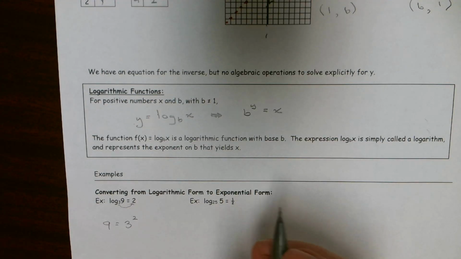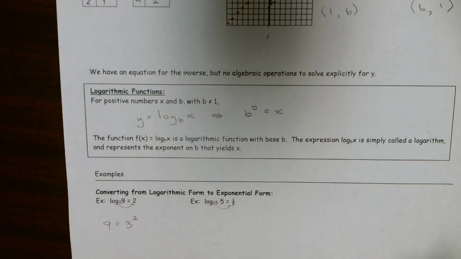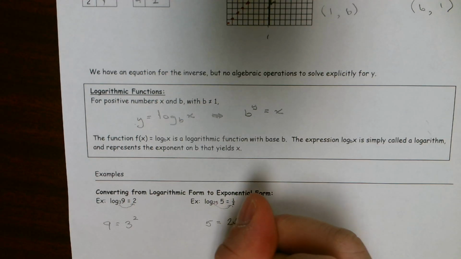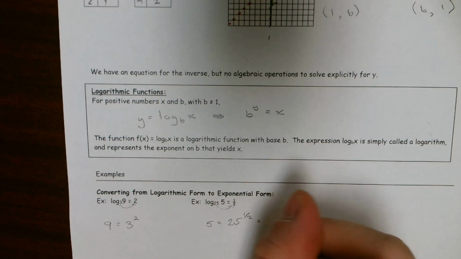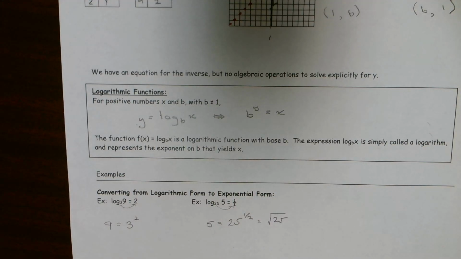If we look at the next example, again, the same thing: 5 goes underneath, pops up on the other side. 5 is equal to 25 to the 1/2, which is true because 25 to the 1/2 is the same as the square root of 25, and we know that's equal to 5.